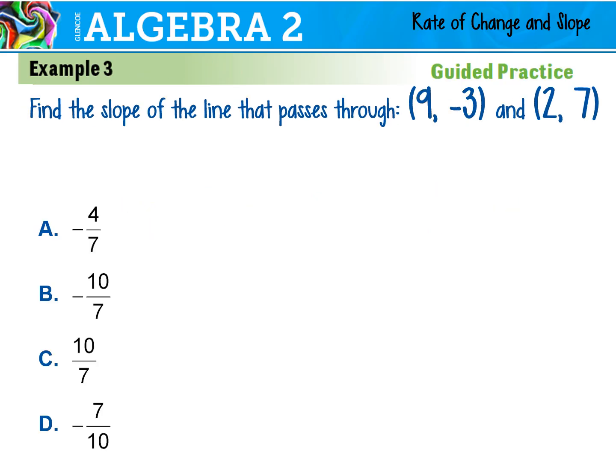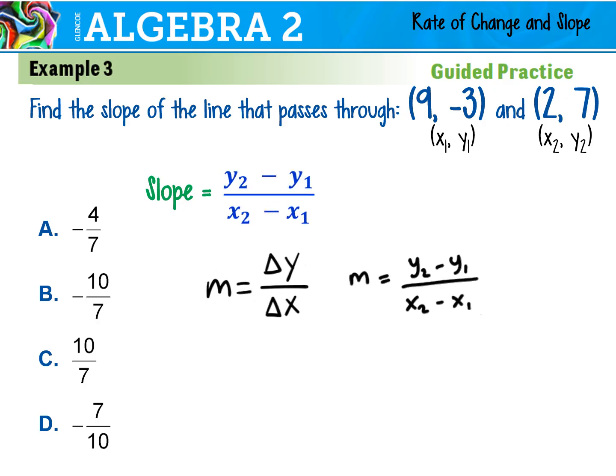So there's our slope. Find the slope of the line that passes through those 2 points, 9, negative 3, and 2, 7. There's our first point, second point. Really doesn't matter which is which, but I just took them left to right. To find the slope, we want the change in y's over the change in x's.